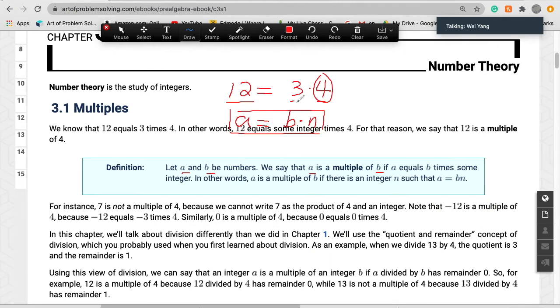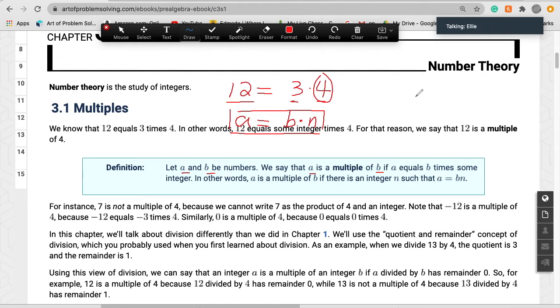Here you need to understand that a multiple is usually always greater than or equal to that number. If I ask you to find the multiples of 3, all the numbers less than 3 cannot be multiples of 3. Only 3, the smallest one, is a multiple of 3. 1 definitely cannot be a multiple of 3.